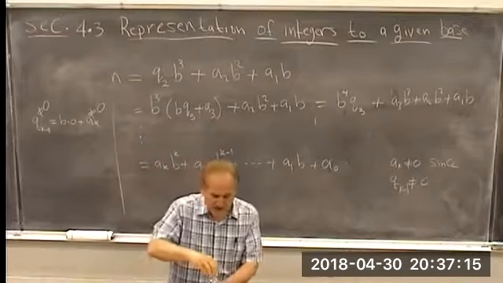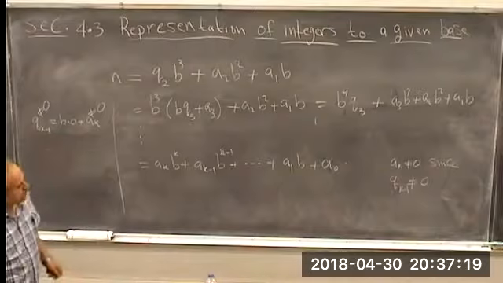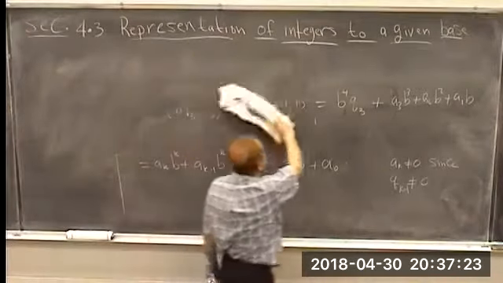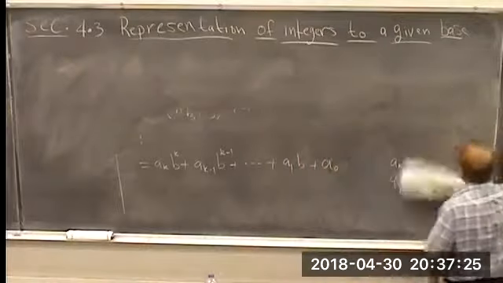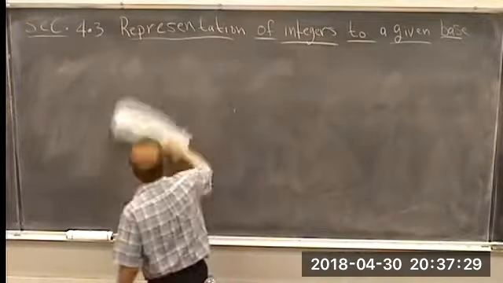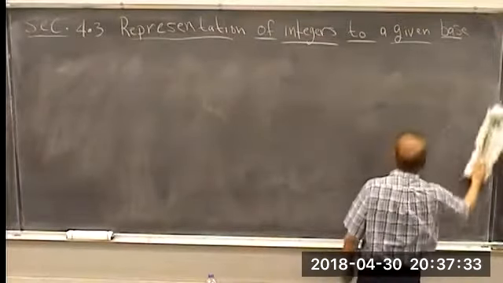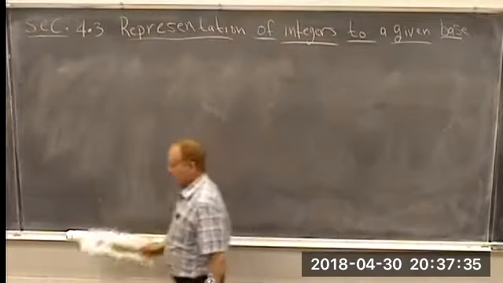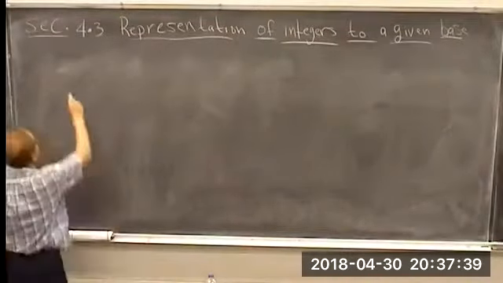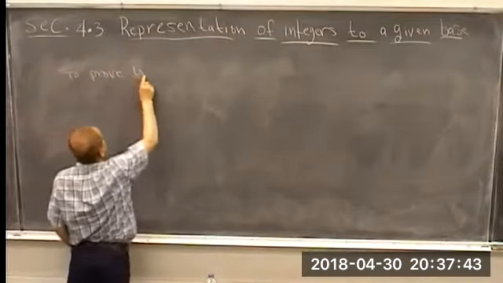So we're going to assume that n can be written in two different ways, and then show they must be equal to each other, of course. What's equal is the coefficients of the powers of b.